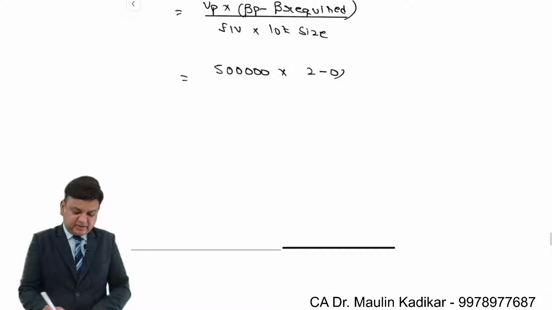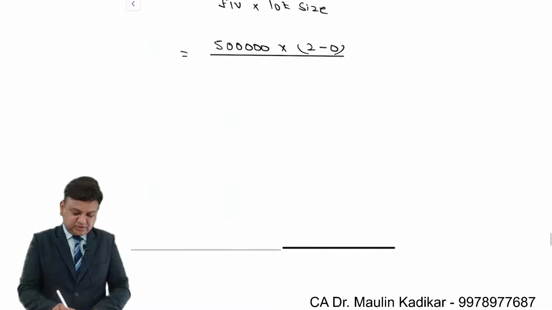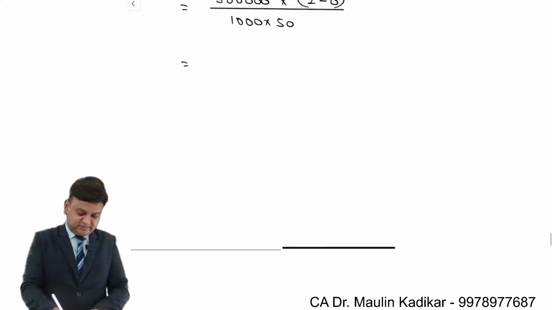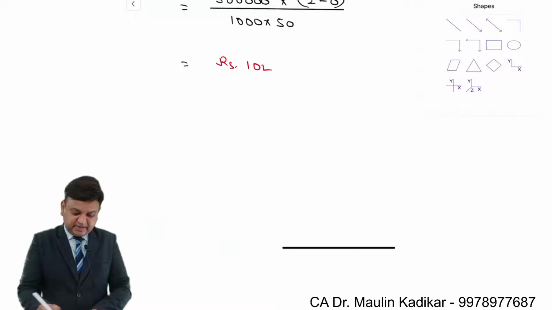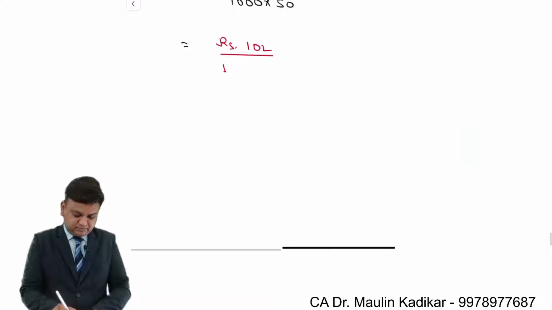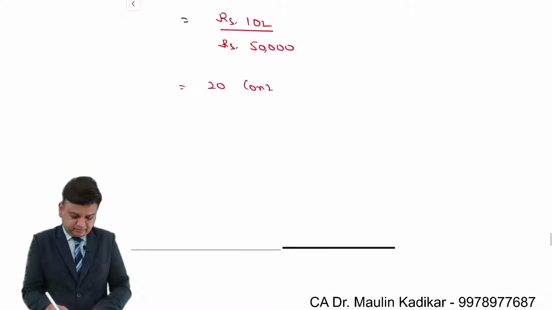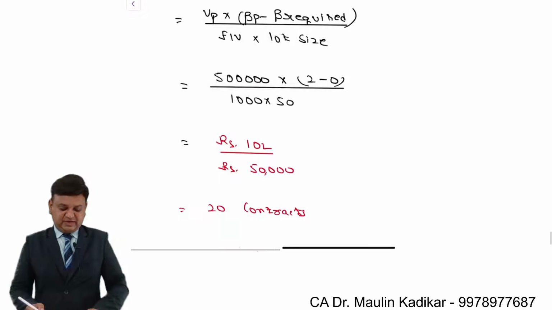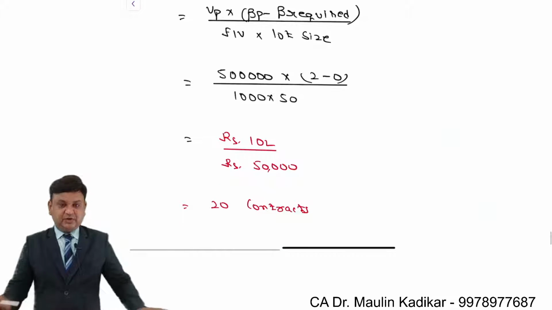Beta is 2, beta required is 0. Whole divided by 1000 into 50. So that comes to an amount of 10 lakhs divided by an amount of rupees 50,000. That comes to 20 contracts. This is the number of contracts to be entered upon.